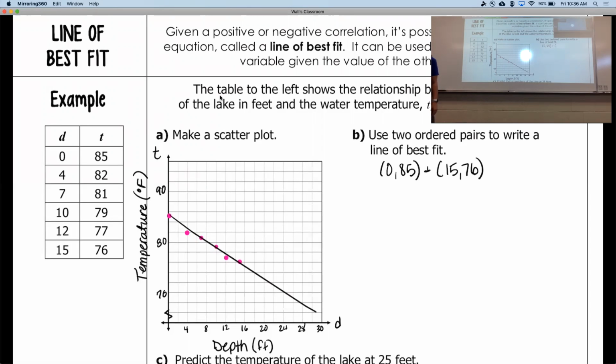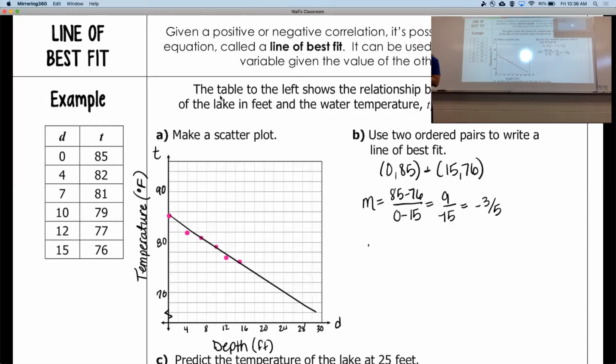So our slope is going to be y minus y, so I'm going to go 85 minus 76 over x minus x, which would be 0 minus 15. And then just simplify, and you should get a slope of negative 3/5. All right, so now that we've got our slope, we can find the equation of our line.